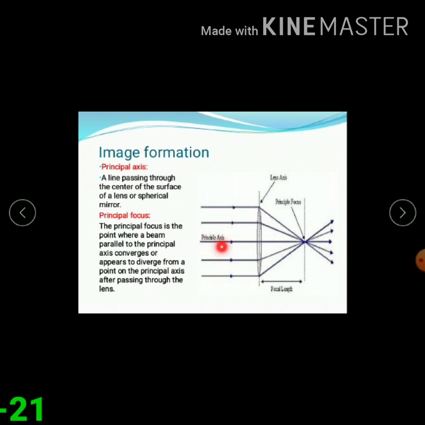Here this is the horizontal line passing through the center of a lens. This is a convex lens. The center of the lens is called the optic center, that is O. A line passing through the optic center is called the principal axis. This line is known as the principal axis. It is passing through the optical center.